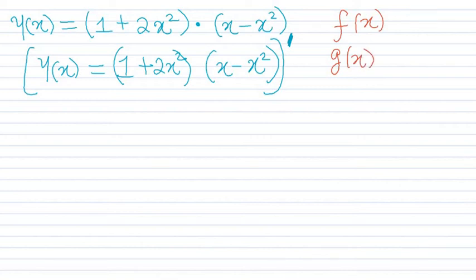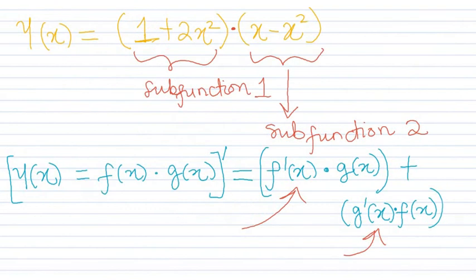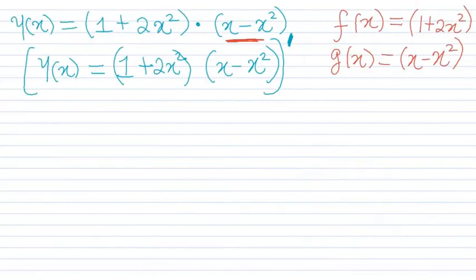So f of x in this particular case, we're going to put that to be 1 plus 2x squared. That's f of x, and g of x is going to be the second one I'm underlining here, x minus x squared. Now that you know what the rule is supposed to look like, you need f prime of x and g prime of x.